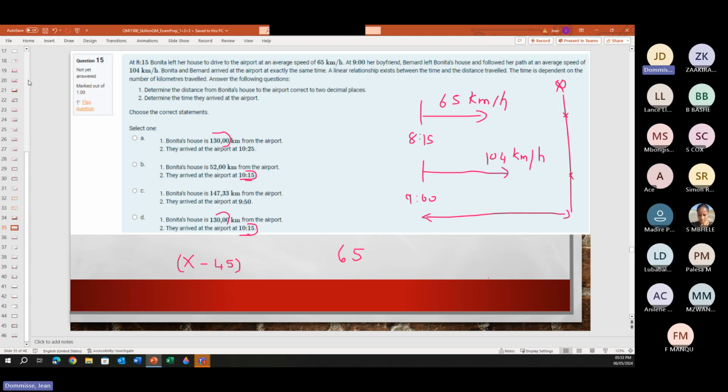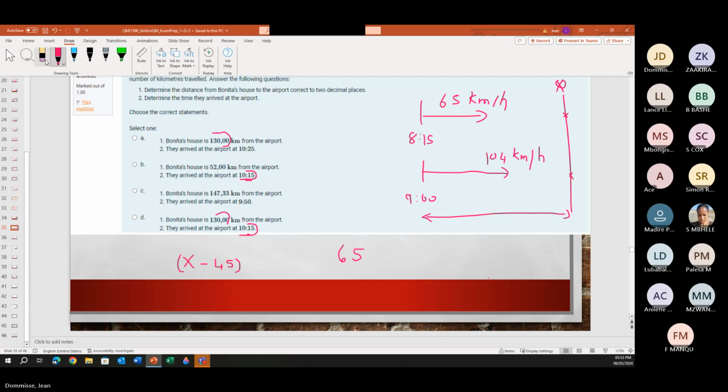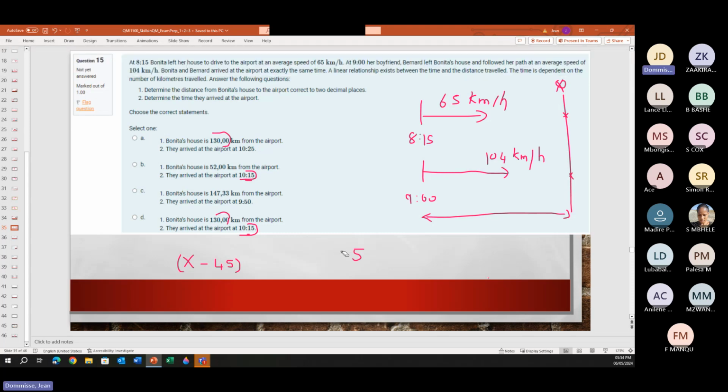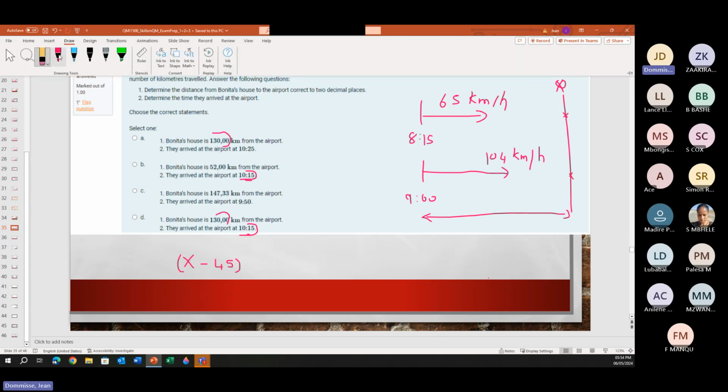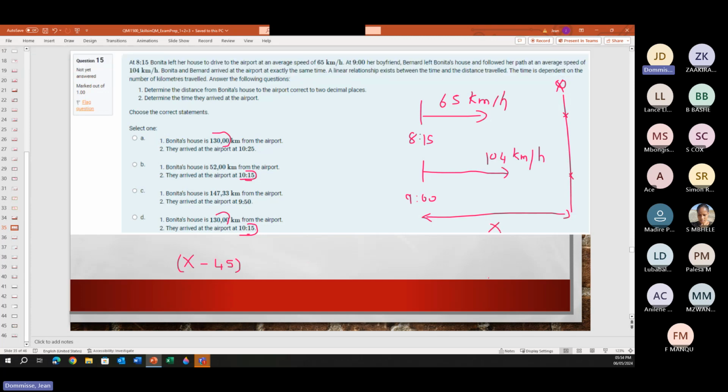These are quite difficult questions thus far. So let's say the distance traveled is x. So, sorry, the time traveled is x.